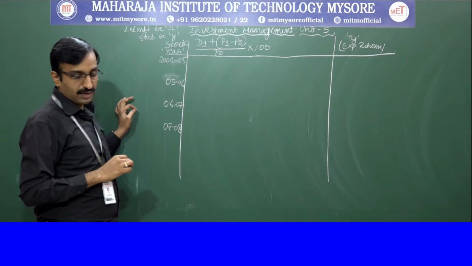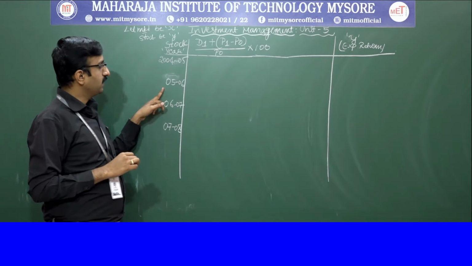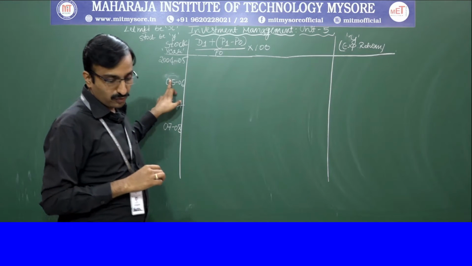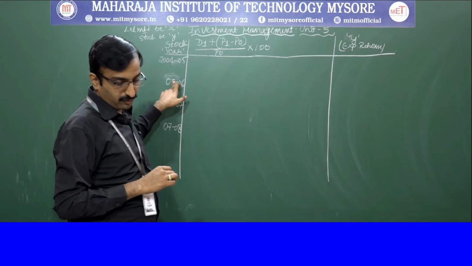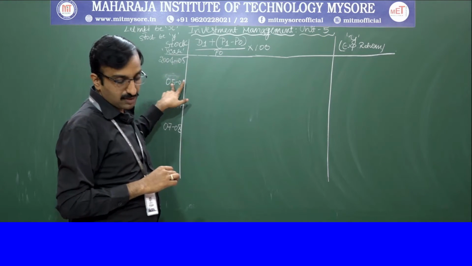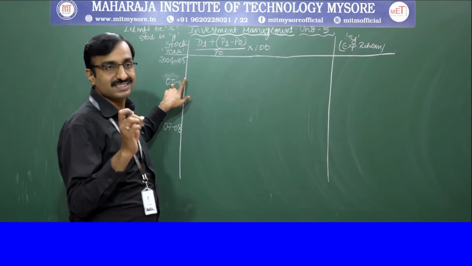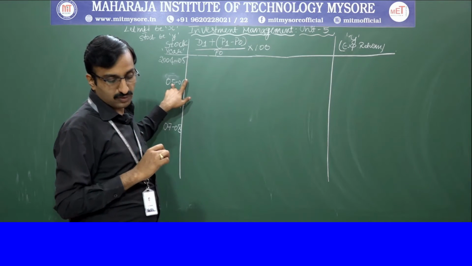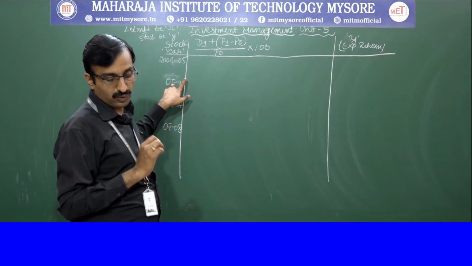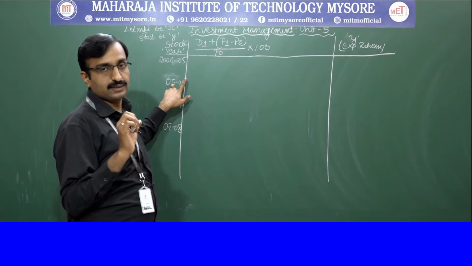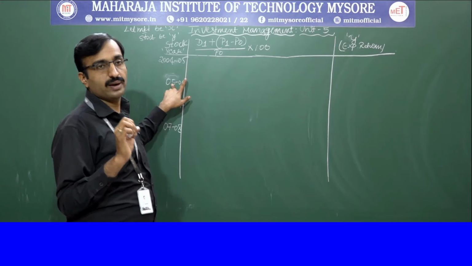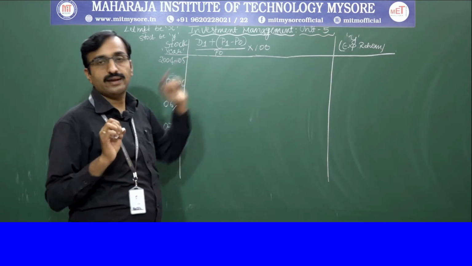See the values there. The current year dividend is 6, the current year price P1 is 316 and the previous year price is 248, divided by 248, whole into 100. If you do, you will get the expected return.